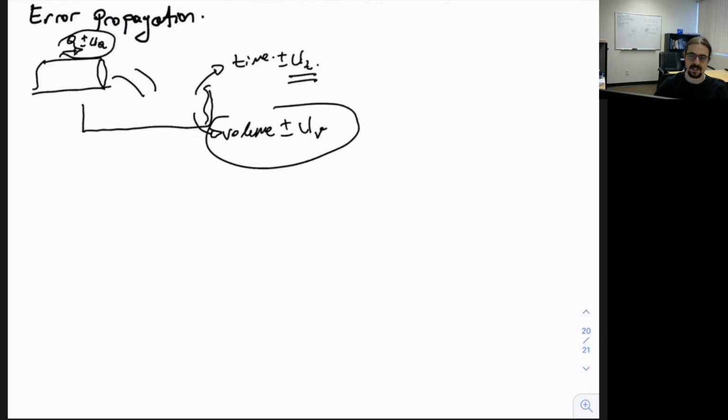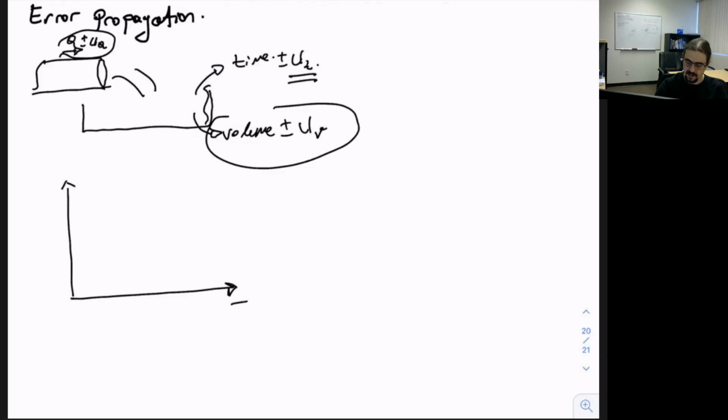This example can be expanded, obviously, but the idea here is that quite often we need to know how error in one instrument propagates into the measurement that we are doing. In other words, if we have a measurement or a quantification that we are doing, based on a measurement from a system.